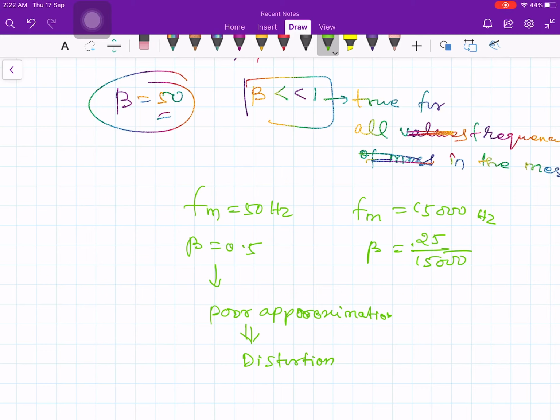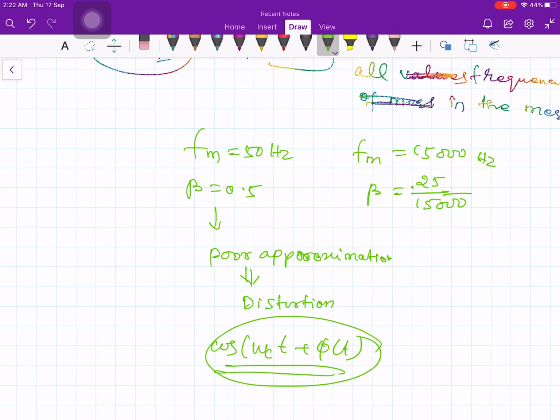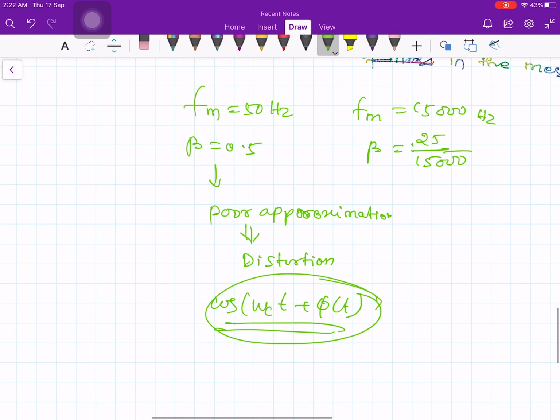So you are not generating your FM signal cos of omega ct plus phi of t directly. You are generating something that approximates this FM equation, and that approximation is poor for low frequencies of m of t.